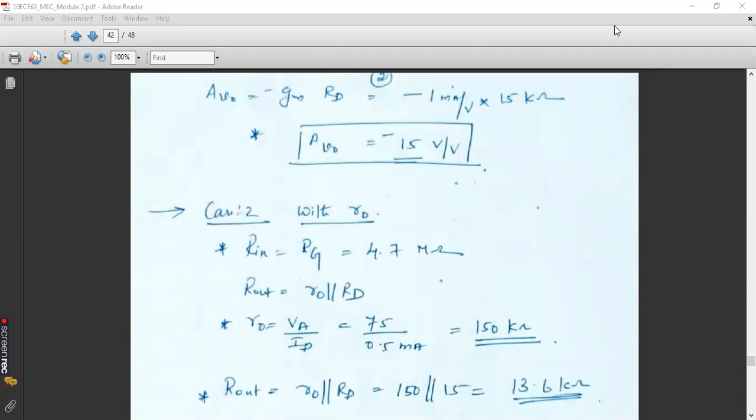R0 is VA divided by ID, that is early voltage divided by the DC drain current. Early voltage is 75 volt and DC drain current is given in the question, that is 0.5 milliampere, our current source value. After simplification, you get the answer as 150 kilo ohm, because milliampere will come to the numerator and it will be kilo ohm.